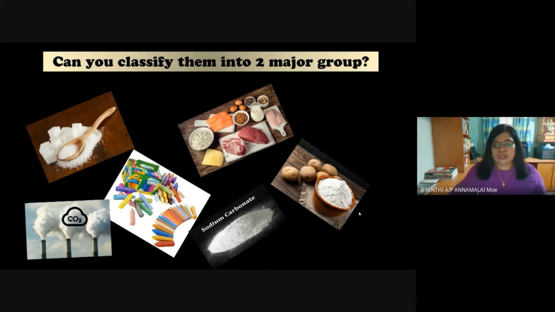So now you are looking at 6 pictures. I want you to see the pictures and try to categorize them into 2 groups.